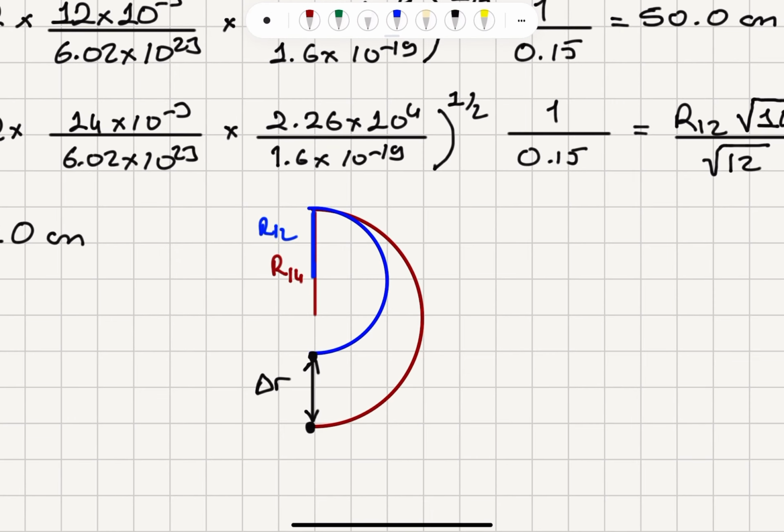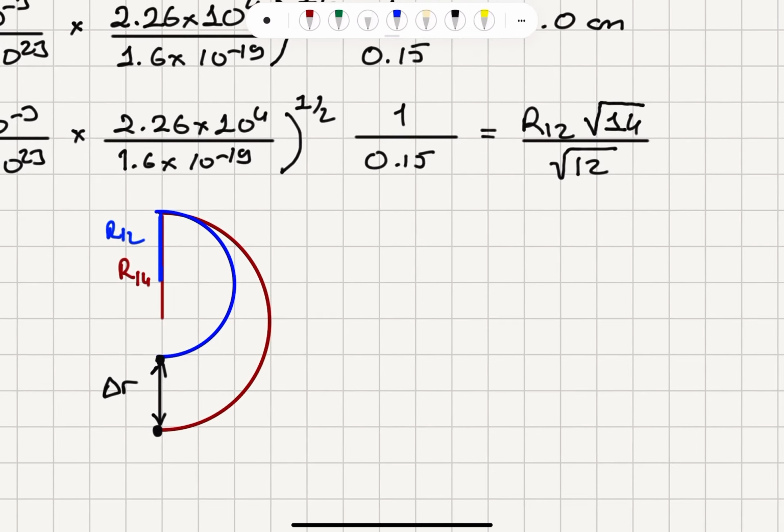Now you can see that the carbon-12 ion draws a semicircle to reach the detector. The diameter is twice R12. And for carbon-14, it draws this semicircle, so the distance between the two endpoints of these semicircles, delta r, is the difference between the diameters of these two semicircles.